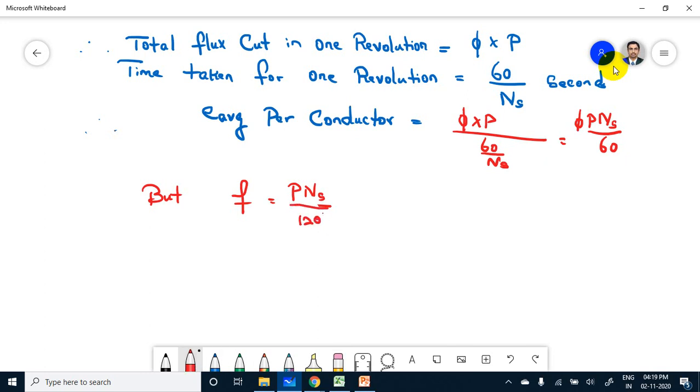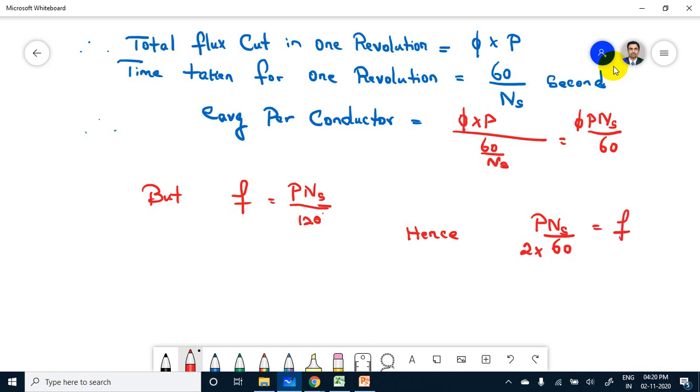Hence here you have to substitute this P Ns by 60. I can write this 120 as 2 into 60.